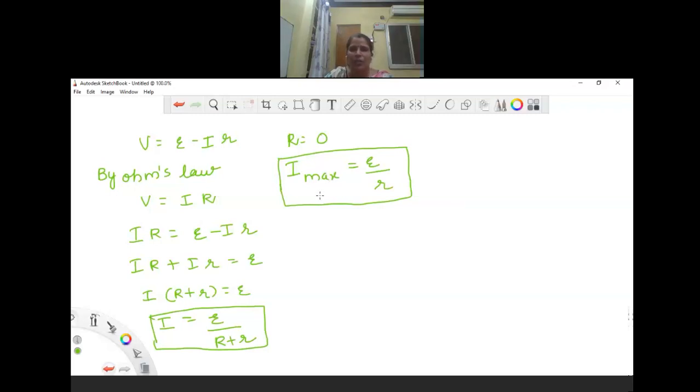This current will be somewhat lesser than this maximum current. We cannot draw the maximum current, because when we draw the maximum current, the cell or battery may get damaged very easily.